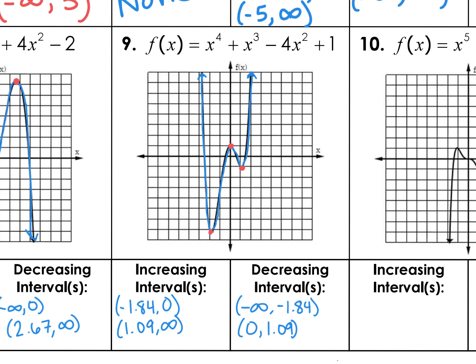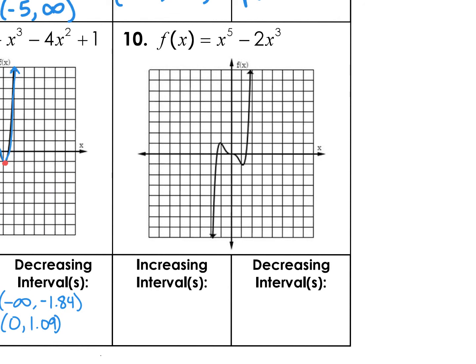Okay, finally, number 10. Start from left to right. I'm increasing at the beginning. So I'm starting from negative infinity and I'm going to this point here, which is, if you put this in a graphing calculator, that should give you the x value of negative 1.10. And then I'm decreasing.